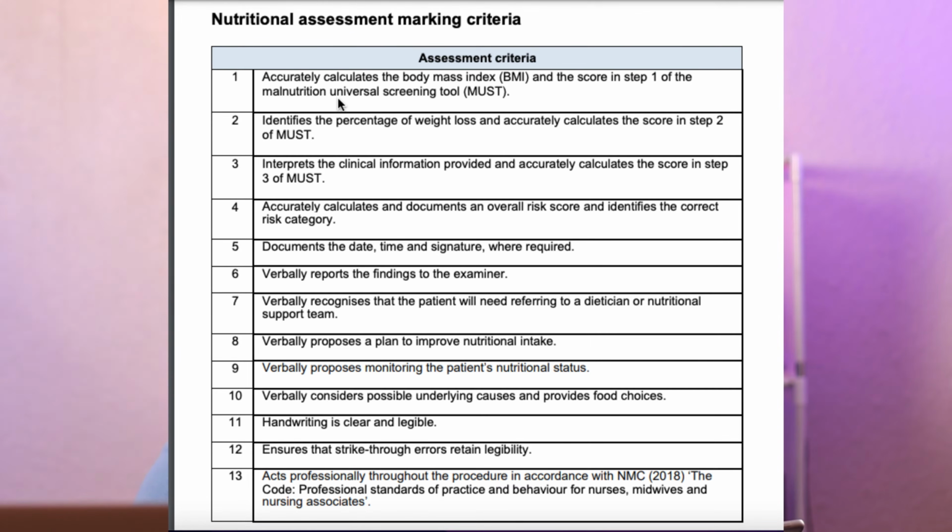Number 11 is that your handwriting needs to be legible and clear, and you ensure that strike-through errors retain legibility. And the 13th point, you act professionally throughout the procedure in accordance with the NMC Code 2018, the professional standards of practice and behavior for nurses, midwives, and nursing associates. So basically, this is the marking criteria.